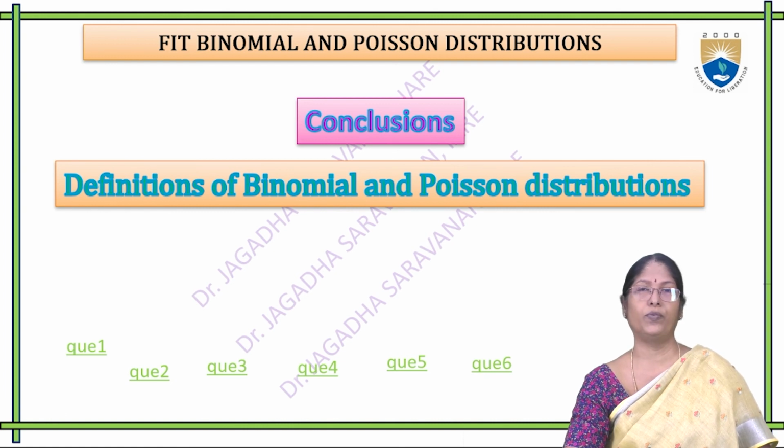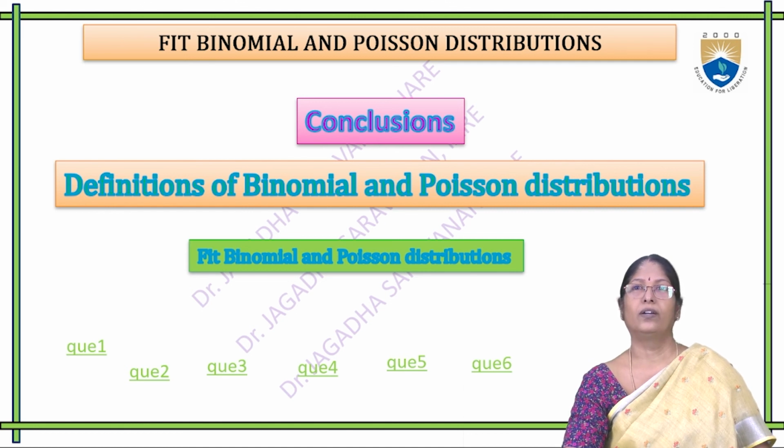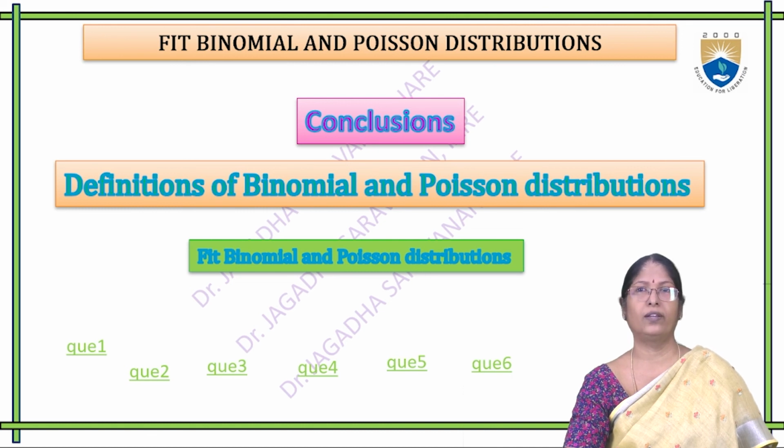That difference between the definitions, we must know it. Poisson, the formula is e power minus lambda, lambda power x by x factorial. And we focused on the fit, that is first the probability, with x values from 0 to 5 or 0 to 4, nearly more than 5 problems we discussed. Then f of x we found, n into capital N, it's nothing but summation f multiplied by the concerned probabilities.